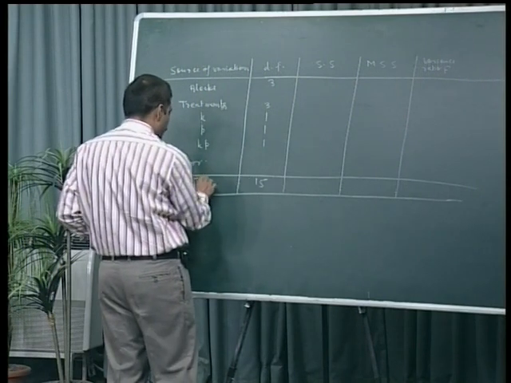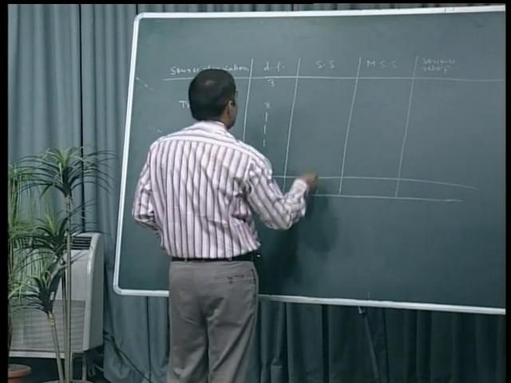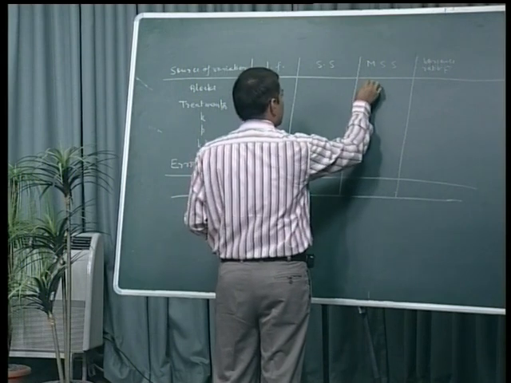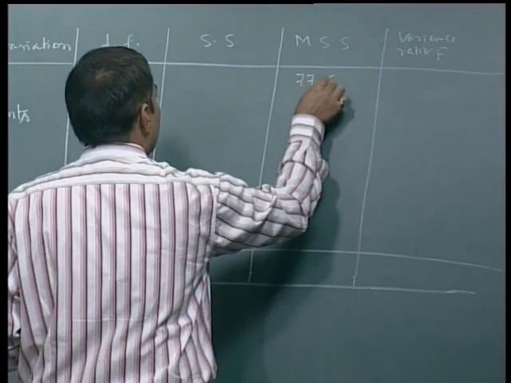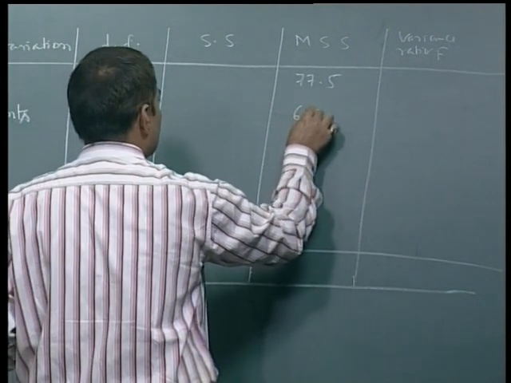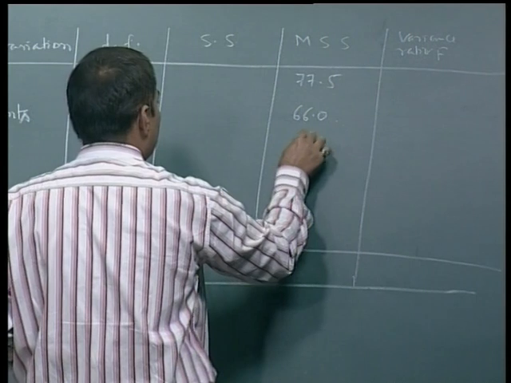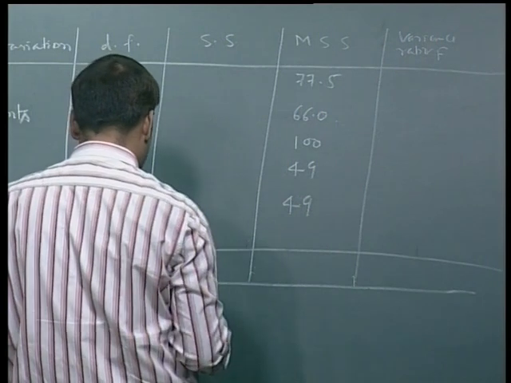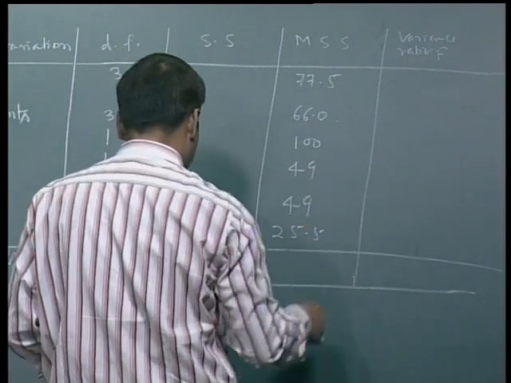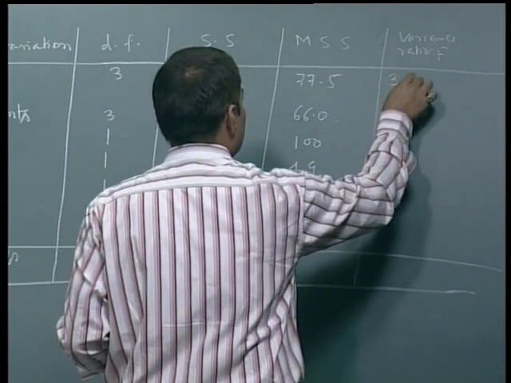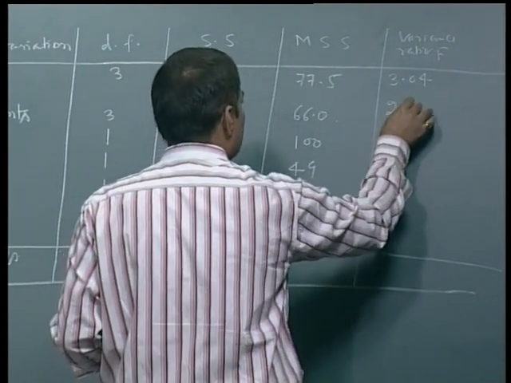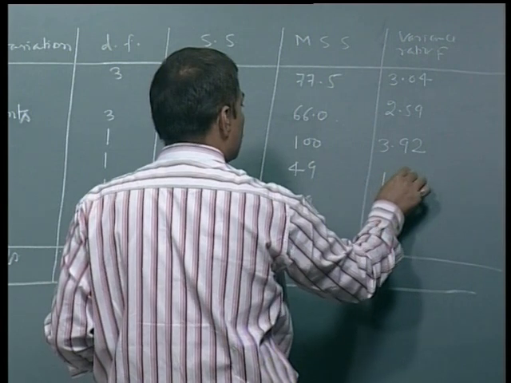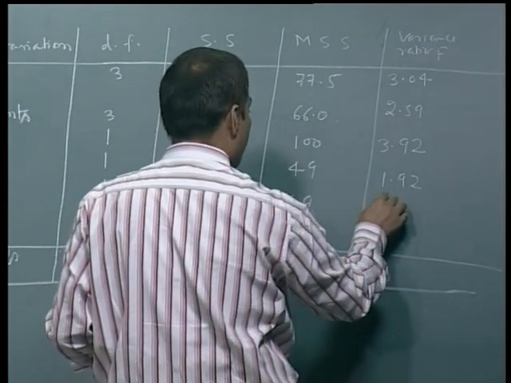The mean sums of squares come out as 77.5, 66.0, 100, 49, 49 and 25.5, and the values of F for these are 3.04, 2.59, 3.92, 1.92 and 1.92.